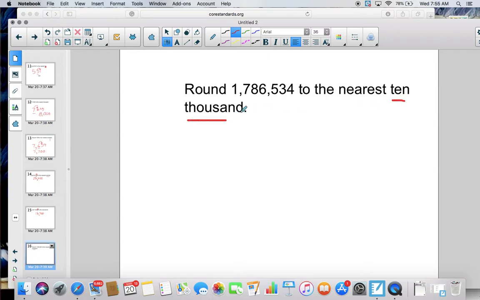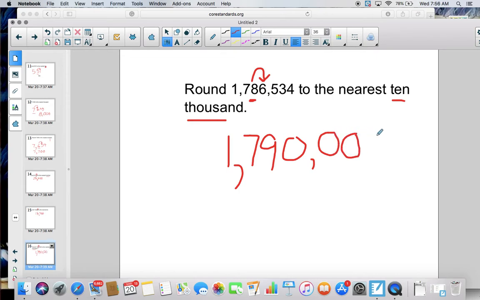Welcome back. The digit in the 10,000 is the 8. You look next door, 5 or more. We're going to go up one more, so you're going to keep the 1 in the millions, keep the 7 in the 100,000. This 8 is going to go to a 9, and everything else becomes a 0. That's why they call it rounding.